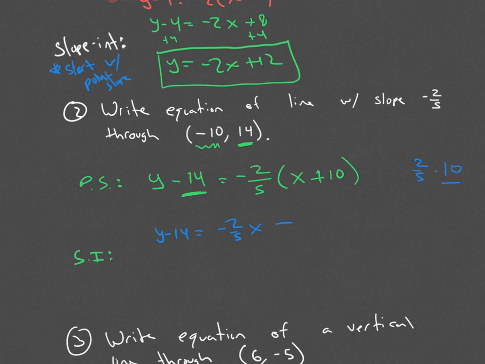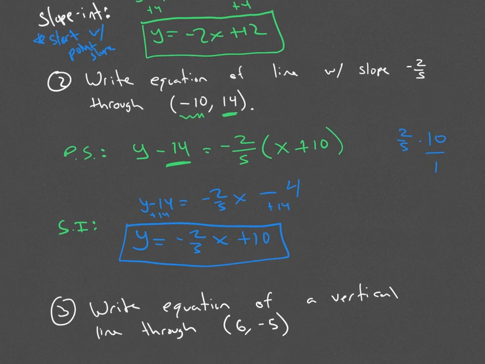This is just like when we were solving equations with fractions. You can divide the 5 and the 10 and get 2, and 2 times 2 is 4. And then add the 14, so we'd get y equals negative 2/5 x plus 10, if I add 14 to both sides.